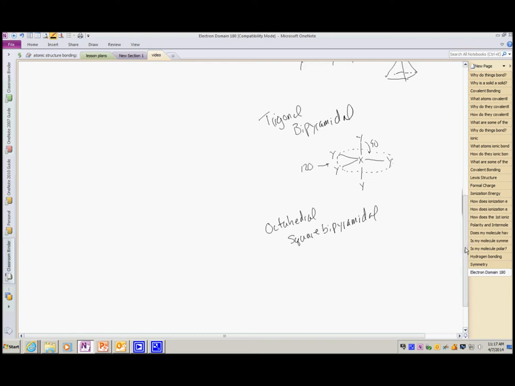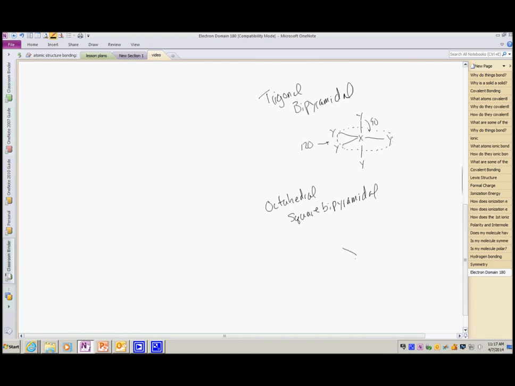4 things off the center, and I'll draw this as being sort of in a plane. X is in the center, and let's go Y around the outside, and then in this case going straight up for Y and straight down for Y. Forms an octahedral shape. I'm just going to draw this to try and show you this is all in one flat plane. Now it's interesting that that's all in one flat plane.